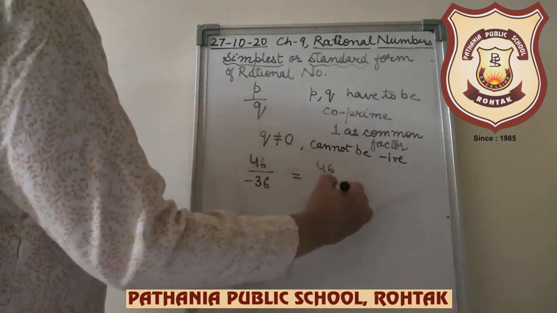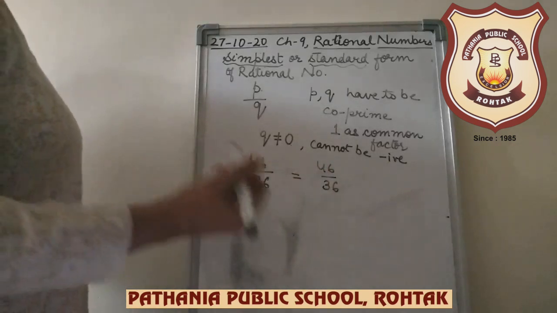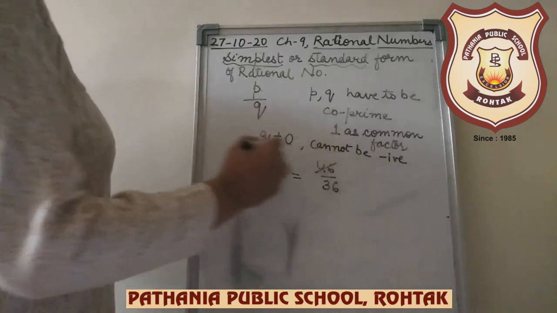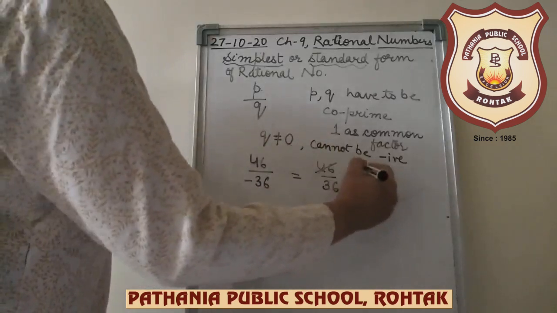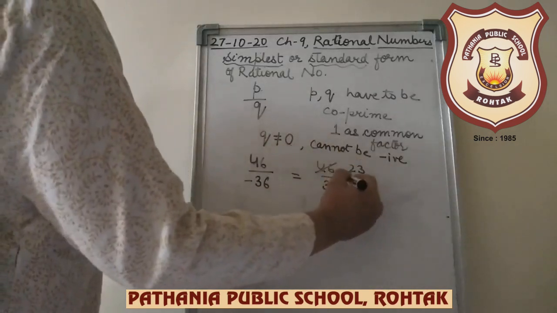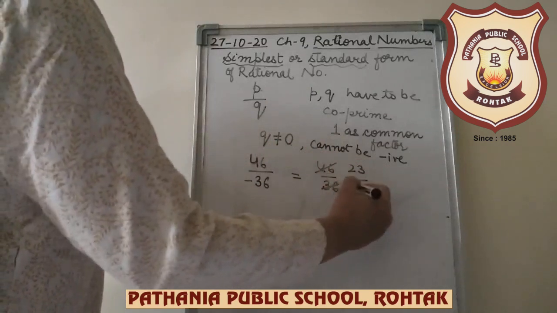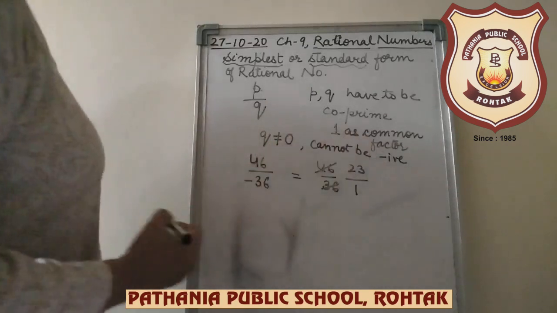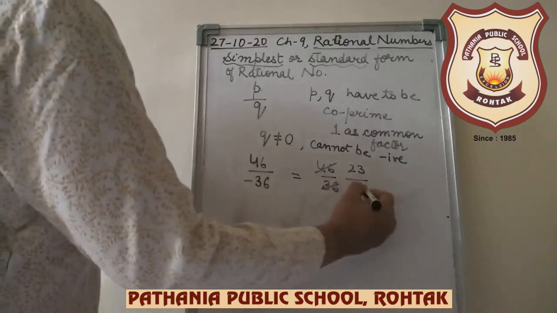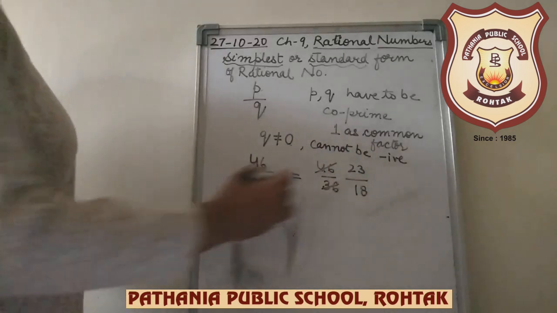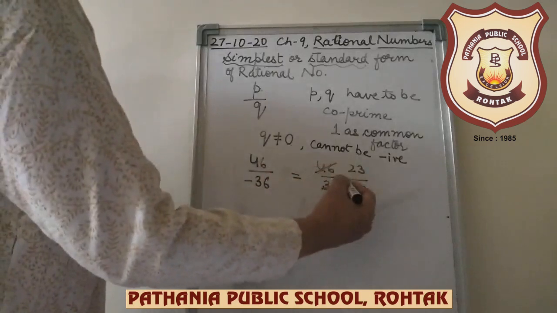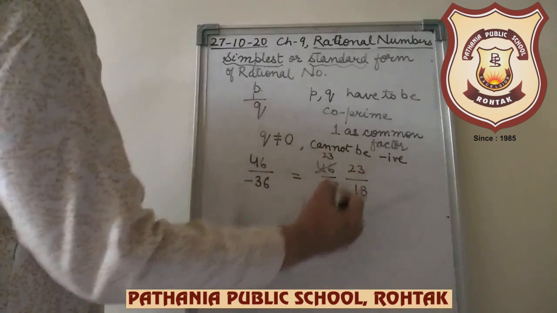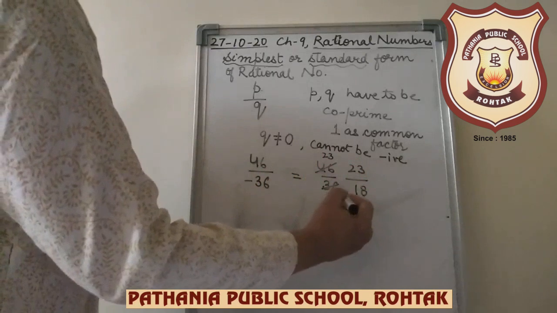46 upon 36. You can reduce by taking table of 2, 2 2's are 4 and 2 3's are 6, then 2 1's are 2 and 2 8's are 16. So you have reduced it. Now you are left with 23 and 18.